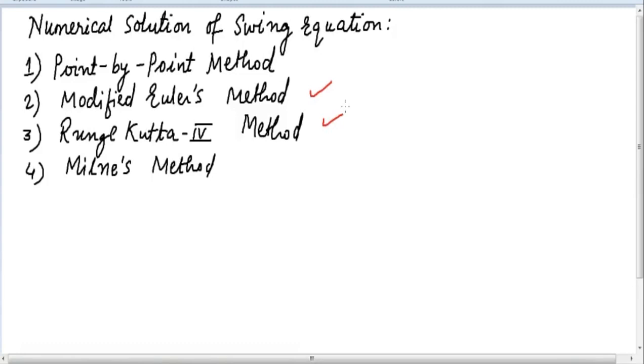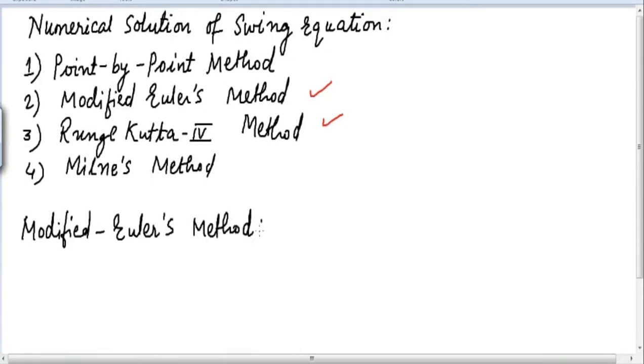So have you all gone through the modified Euler method? Because we will be starting with the modified Euler method, as these two methods are to be learned by us. Have you all gone through the modified Euler method from semester 4?